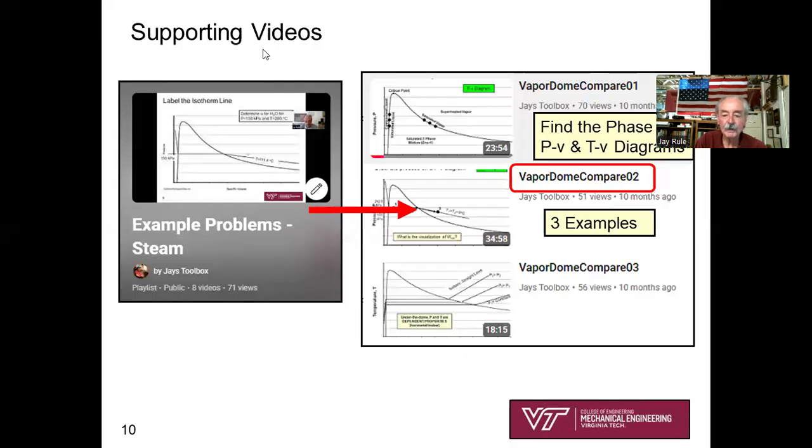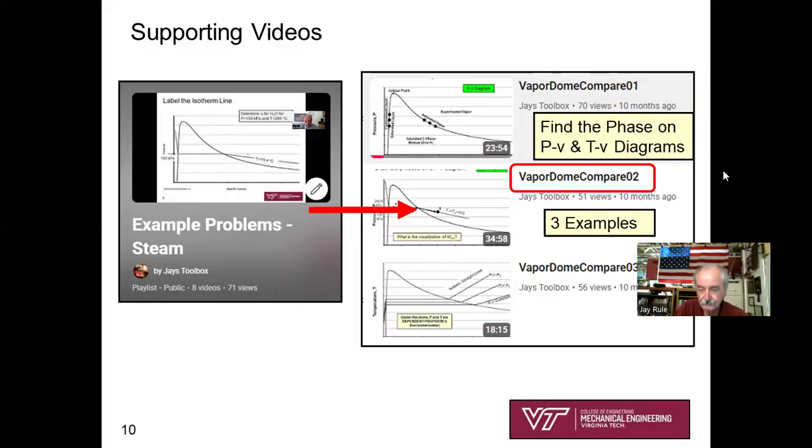I've got some worked out example problems and a little background. Remember, if you go to the example problems STEAM playlist, I've got 3 videos, Vapor Dome Compare 01, 02, and 03.